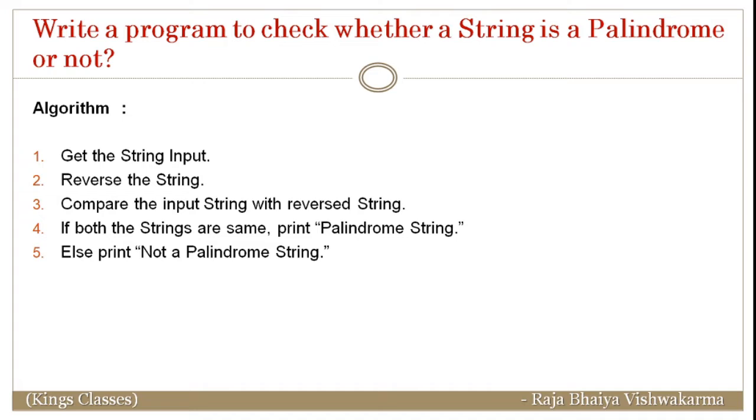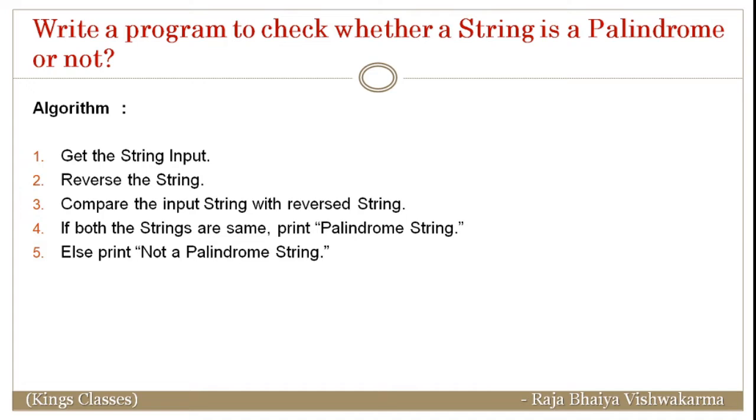Now we will see the algorithm, or you can say the steps, that we are going to follow when we write the Java program. First we will get the string input from the user, and once we get the input, in the second step we will write the logic to reverse the string. In this step we will get the reverse string of the original string, and then we will compare the input or original string with the reverse of that string.